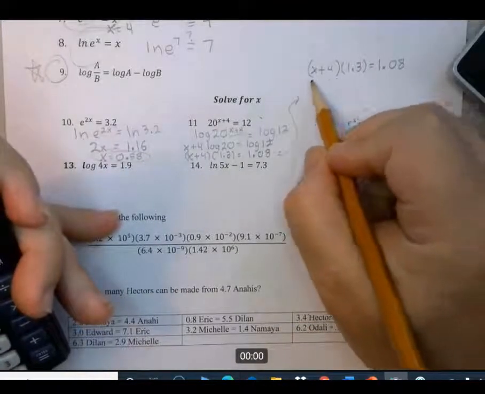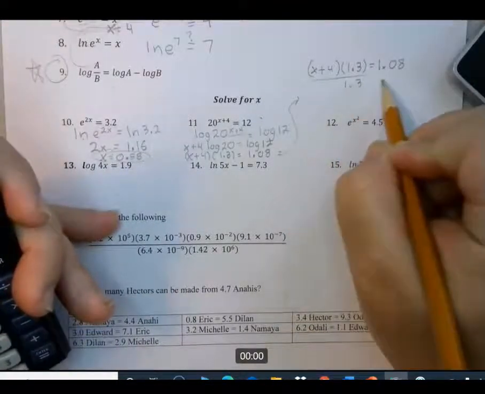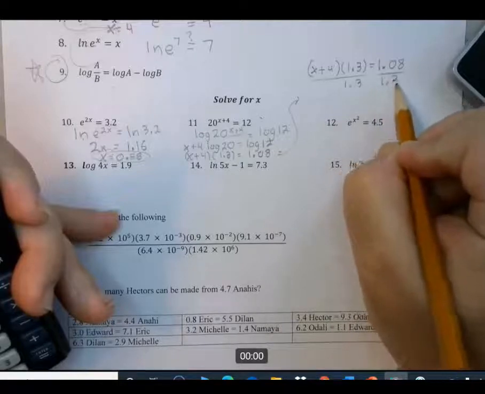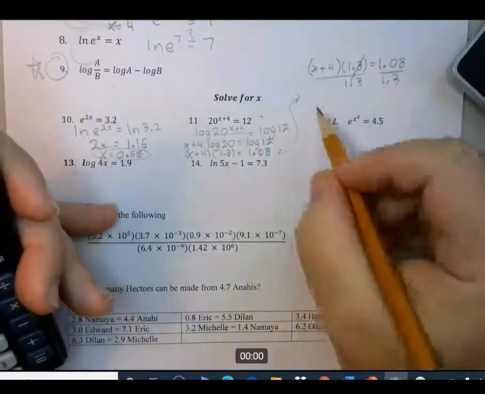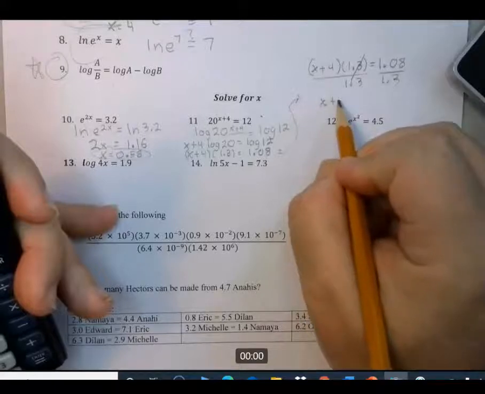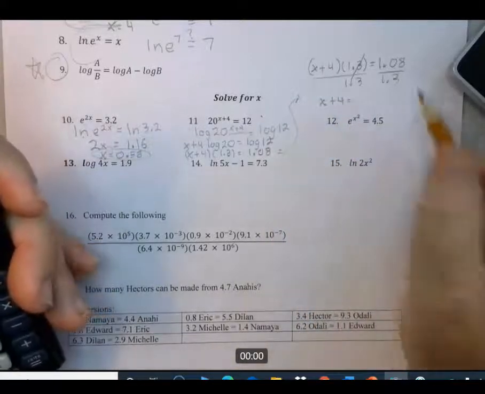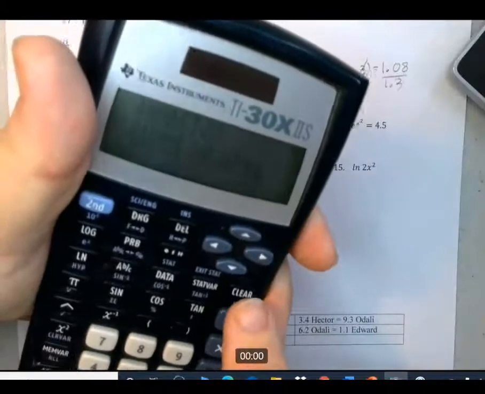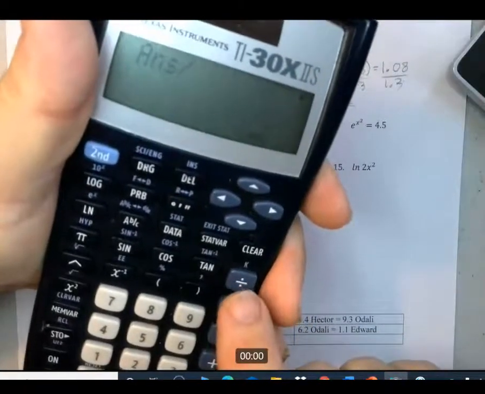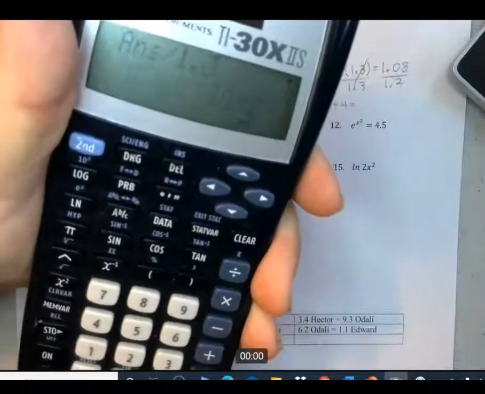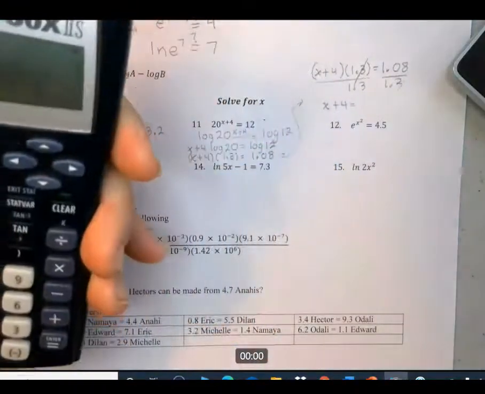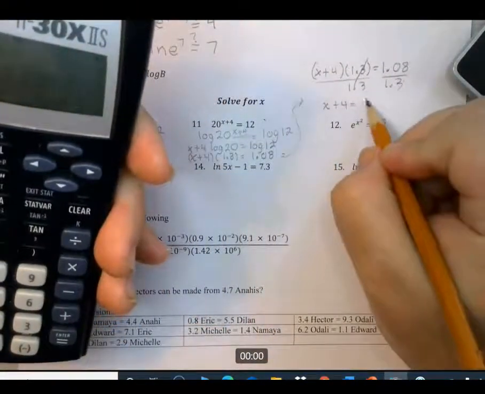So I'm going to divide both sides by 1.3. Cancel. Gives you x plus 4 equals 1.08 divided by 1.3. I already have that on my calculator. And that's going to give me 0.83.